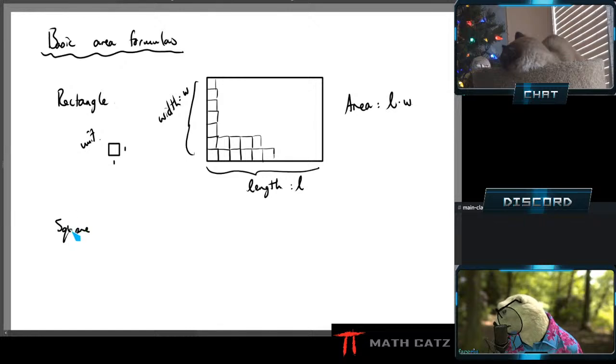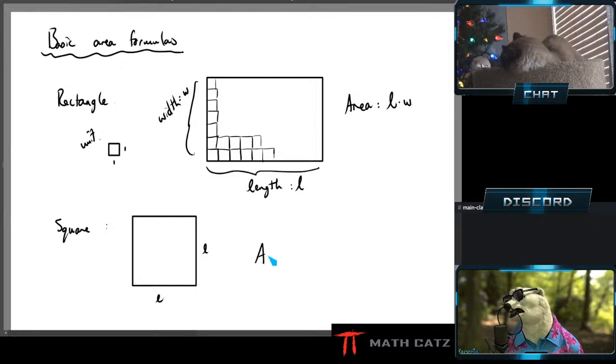The simpler, more restrictive version of the rectangle is of course my square, just a special rectangle really, so the formula would not differ, but it is a simpler formula in that all the side lengths are the same. Then the area will be L times L, or L squared, side length squared. Call it S for side length, call it whatever you want.